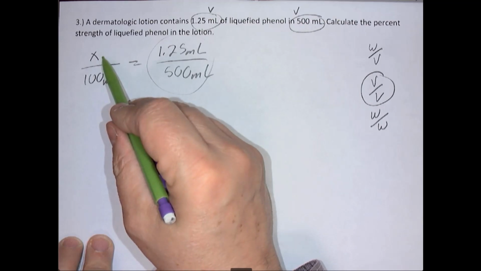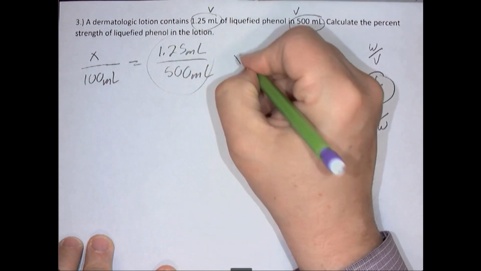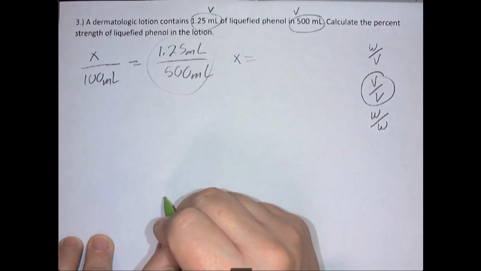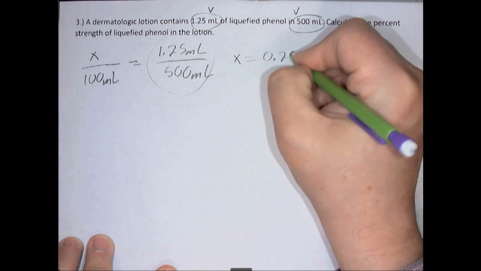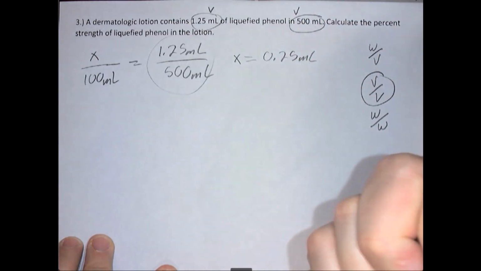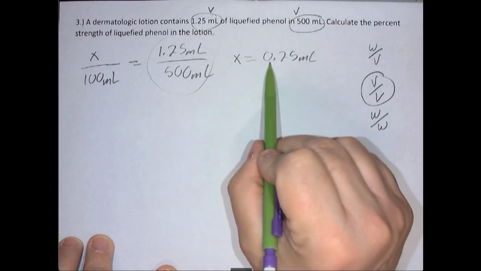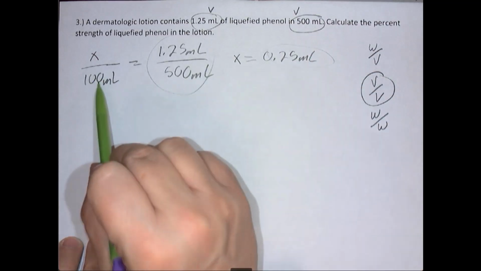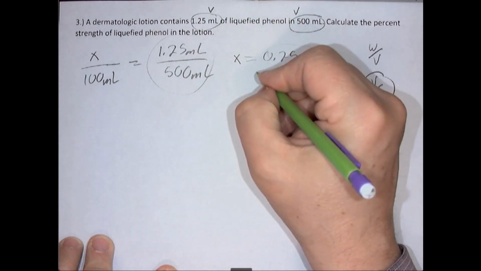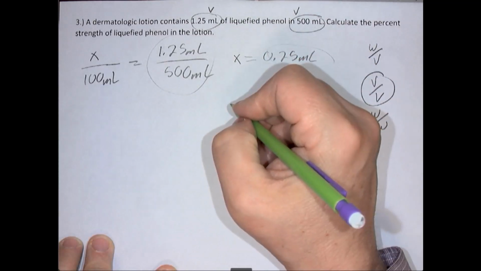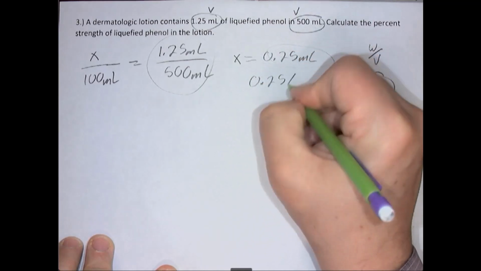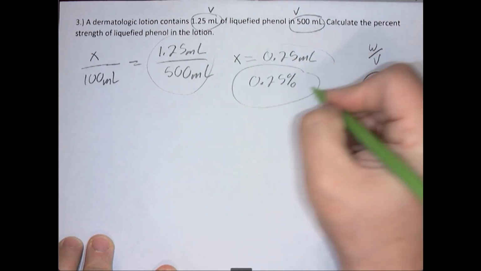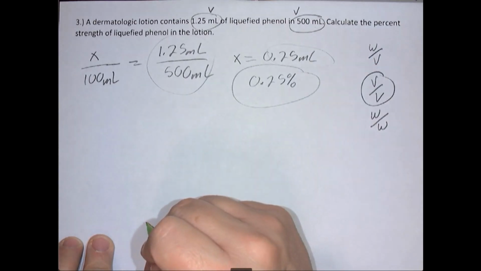We solve for the x, and so x is going to equal 0.25 milliliters. Now, this is 0.25 milliliters per 100 milliliters. So because it's per 100 milliliters, it is 0.25%. We can write it like this. That's why I can put the percent symbol there.